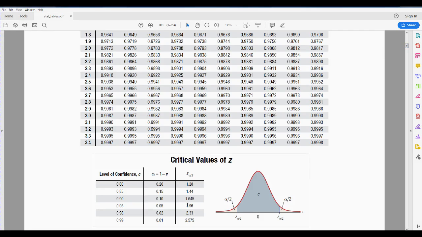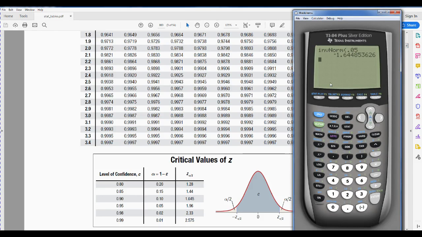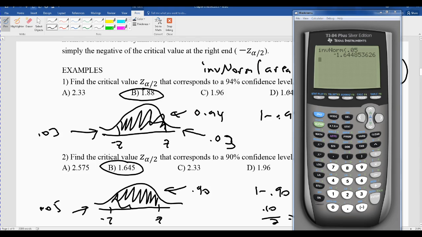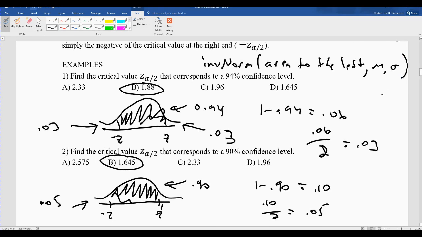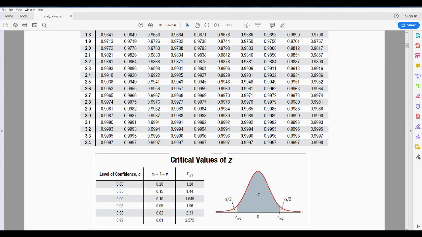The moral of the story is, this is easy, extremely easy, or this is easy. Using the table can be way more difficult because there's more to consider. It's not the 0.9 you look at the middle, it's everything to the left of this is the value, because that's what the table values give you. So, in other words, use your calculator or use this chart.